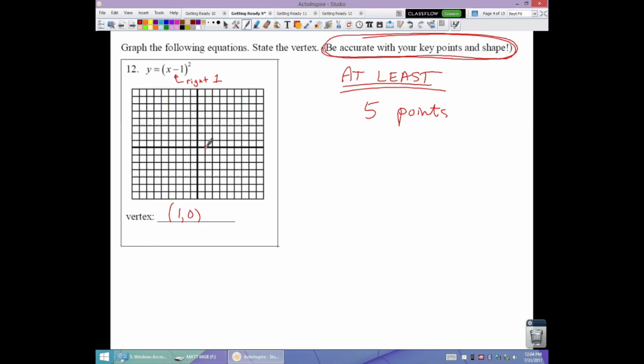So right 1 for my vertex, and then I have that standard size of the parent graph, which is when we move to the side 1, we go up 1. When we move to the side 2, we go up 4. And I normally like to get one more, but this grid isn't large enough to get 3 and 9 on each side.